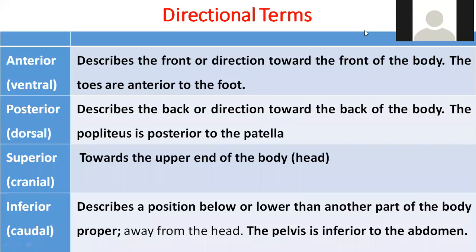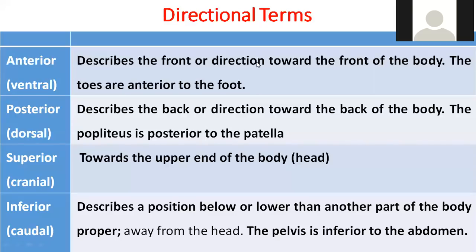When the body is divided in the midline, the position away from that midline is what we call lateral position. The opposite of that is the medial position. The medial position describes the position towards the midline of the body, that is the middle of the body. I hope you are getting me.